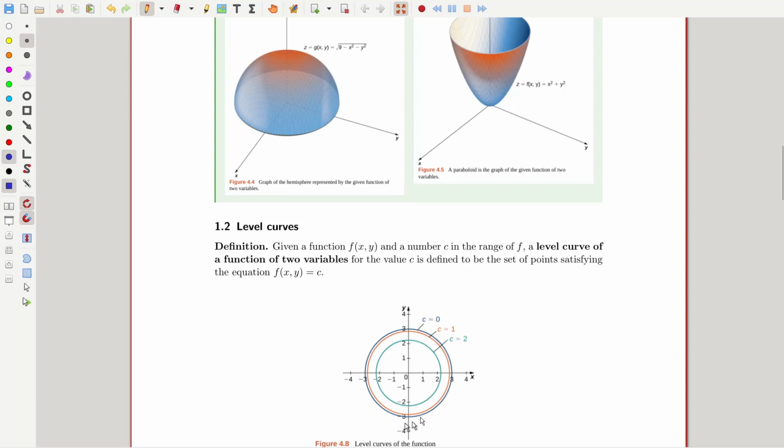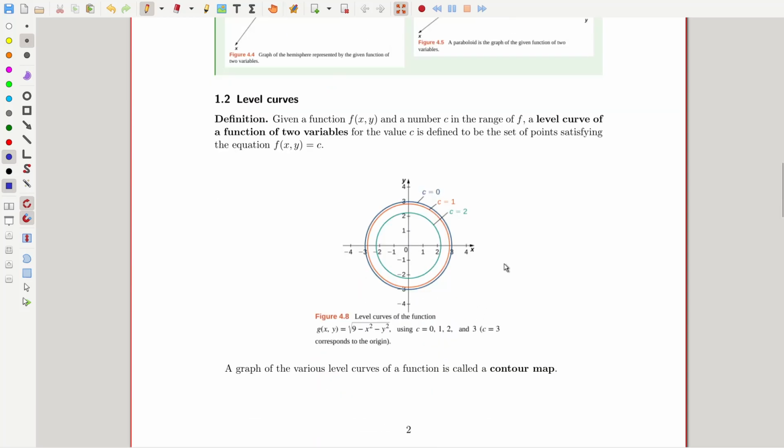So c equals 0, we end up getting this bottommost circle, and then as c increases, we move up. You can also think of these level curves as horizontal slices. It's like you're slicing this surface with planes that are parallel to the xy plane at different heights. That's what the c actually represents. It's the z height. You're slicing that object at particular values of z.